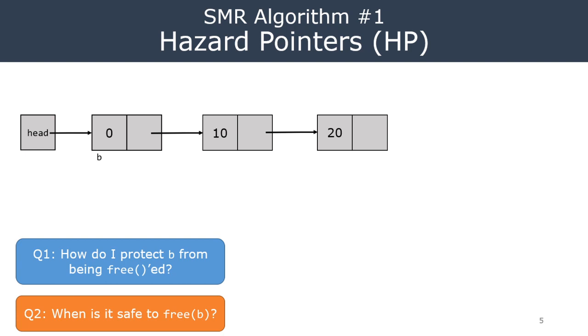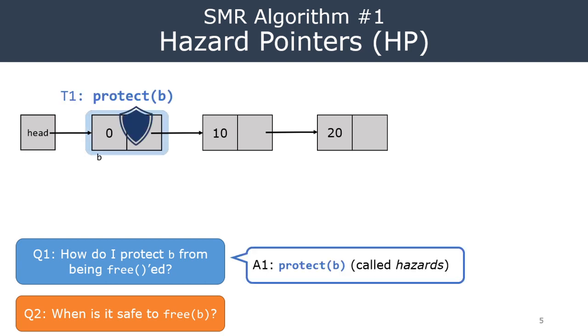So how do I protect B from being freed? In order for, for example, thread 1 to protect the block B from being freed, hazard pointers do a very simple thing. It just writes down the block B in its own list of protected pointers. The API for that is what is called the protect function.